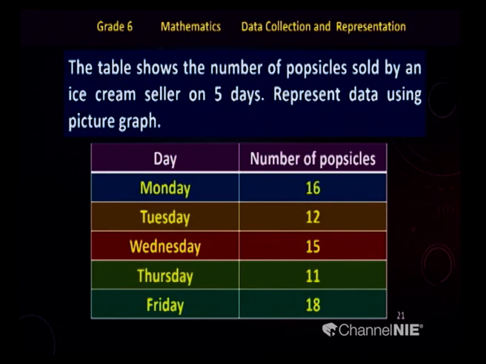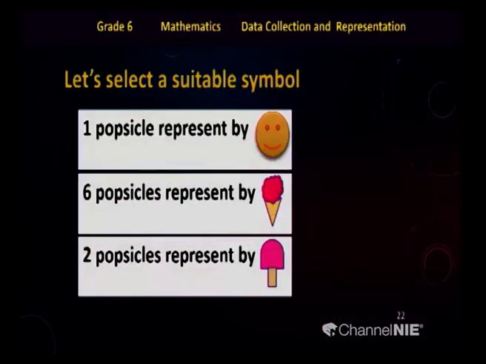So, we are going to represent this data in a picture graph. First of all, you should select a suitable picture and decide how many popsicles we should represent by using that picture. We'll see here. You can see I have used 3 symbols here with 3 numbers. First one, a smile face.